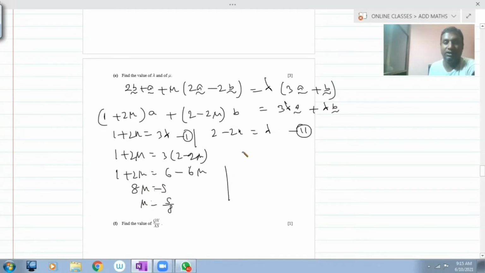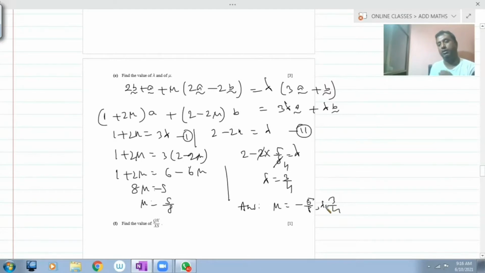In the same way, we put the mu value here and simplify: 4 over 8, 8 minus 5 is 3, so lambda equals 3 by 4. So the answers are mu equals 5 by 8 and lambda equals 3 by 4. We have got it. Now this is a lengthy question, so we need to follow for the next one.